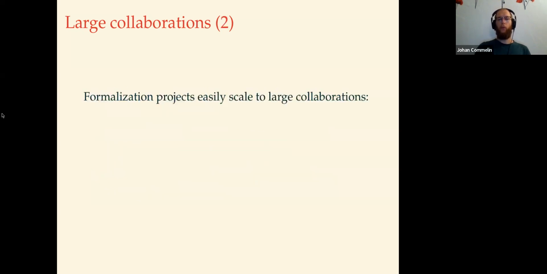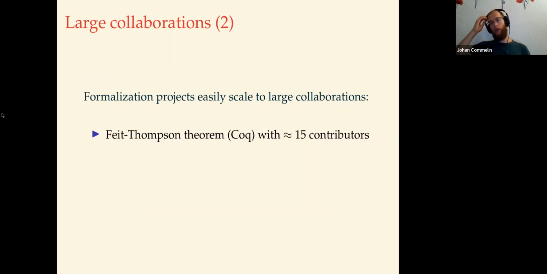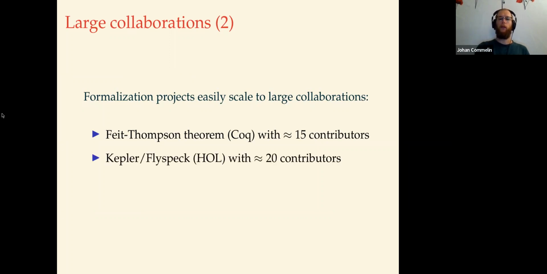So when we talk about formal mathematics and formalization projects, there are several well-known examples of large collaborations. For example, the Feit-Thompson theorem, the odd order theorem, was formalized in Coq by a team of about 15 contributors. Then there was the Flyspeck project, which formalized a proof of the Kepler conjecture in whole, with roughly 20 contributors.